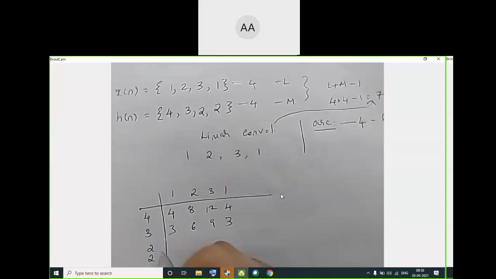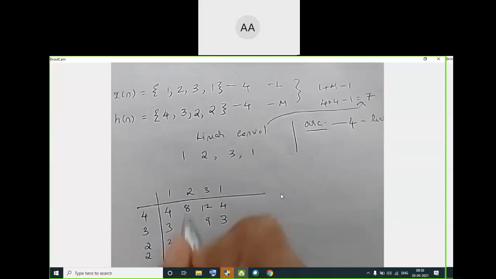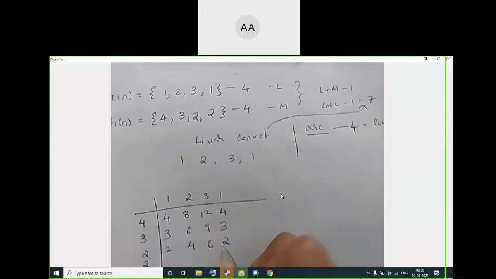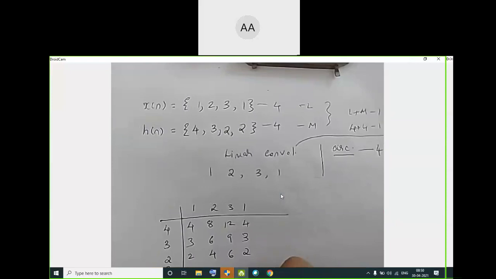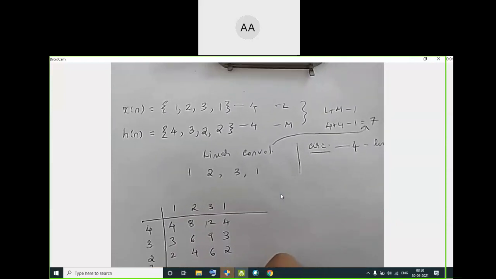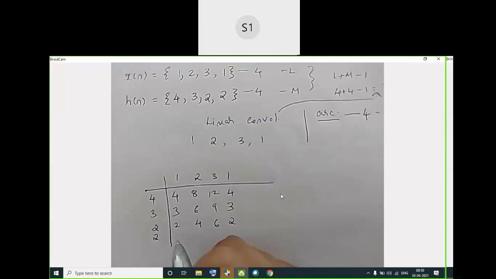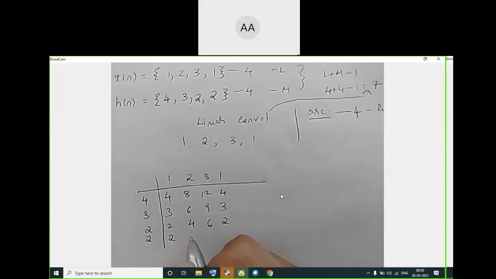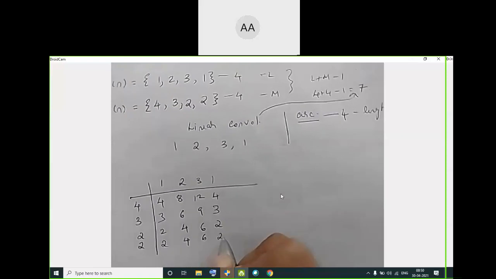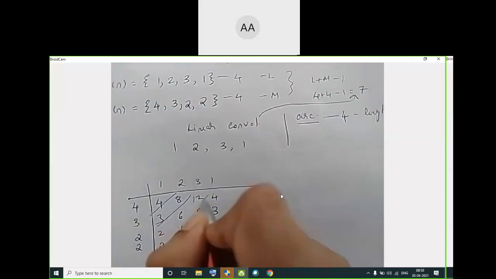Multiplying this, 2, 4, 6, 2. You know how to do this, right? Then we put cross lines and add those numbers. Exactly. 2 2s are 4, 2 3s are 6.